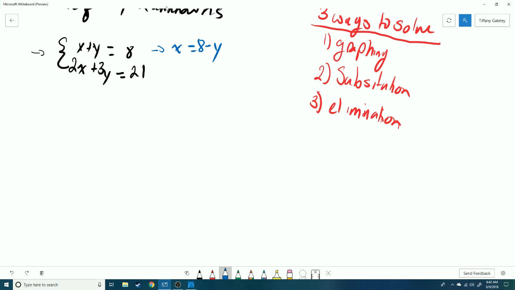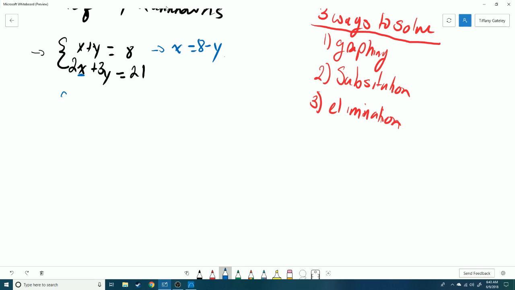And so we take what this x equals and plug it into this x right here. The reason we don't put it back in the equation that we solved for is it would all cancel out and we wouldn't get an answer for our y. Because we would have 8 minus y plus y equals 8, and our y's would cancel and it would be 8 equals 8, and that really doesn't tell us anything.